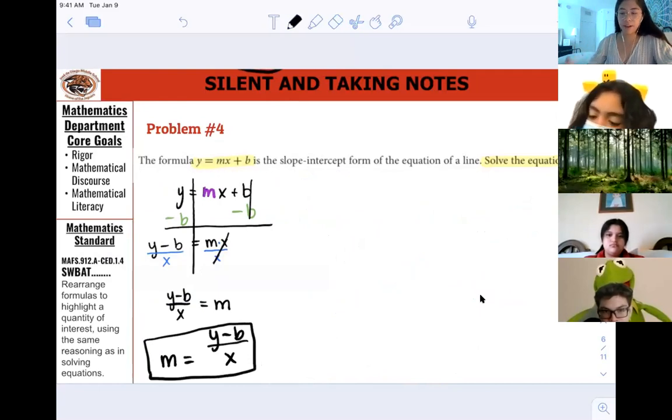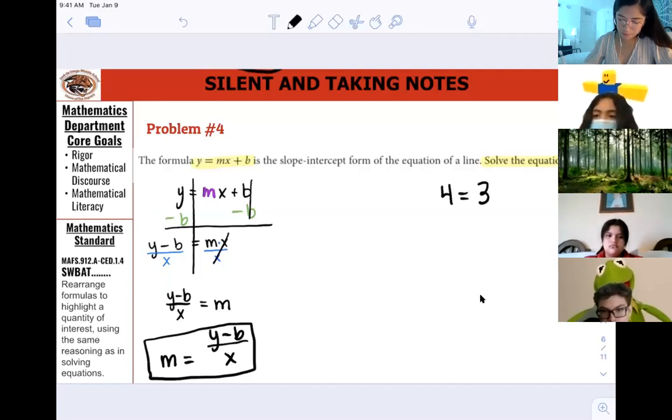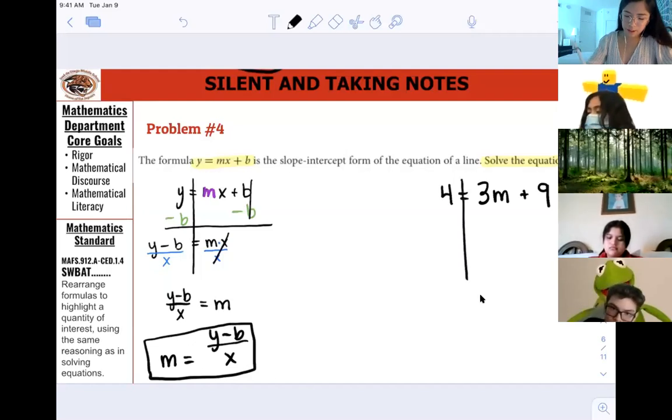So I'm going to do a very similar problem, but I'm going to make it with numbers instead. Okay, so this is a two-step equation. It's very, very similar. So I'm going to keep things organized.